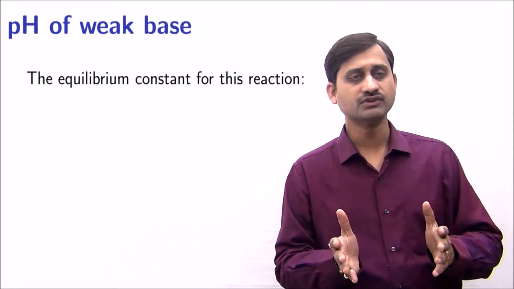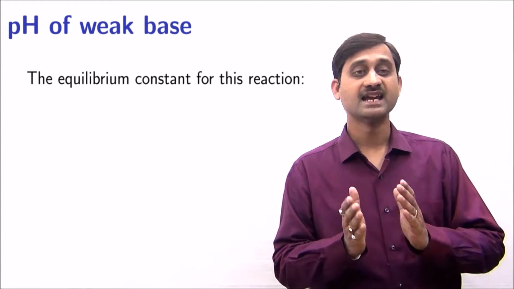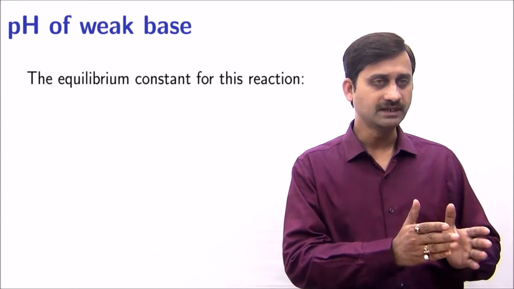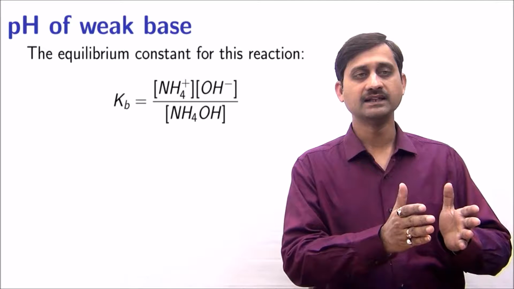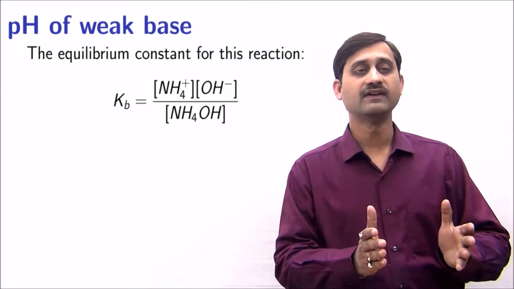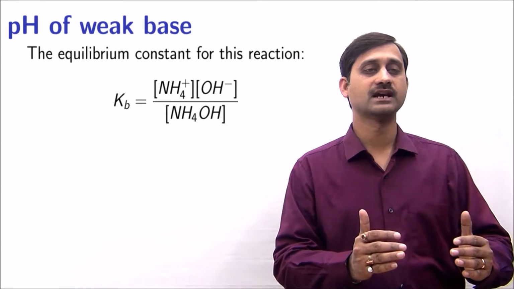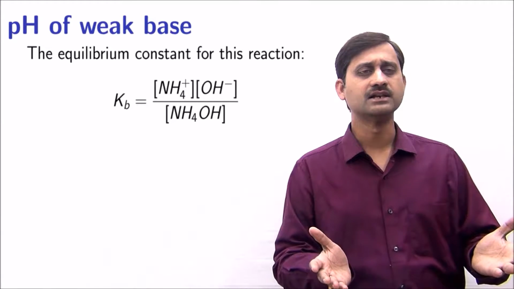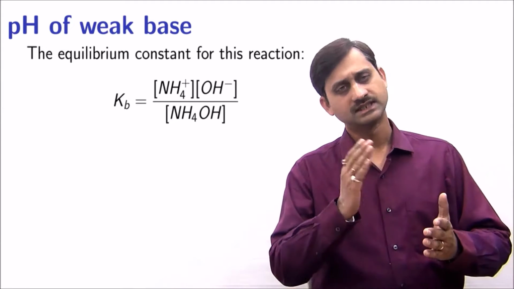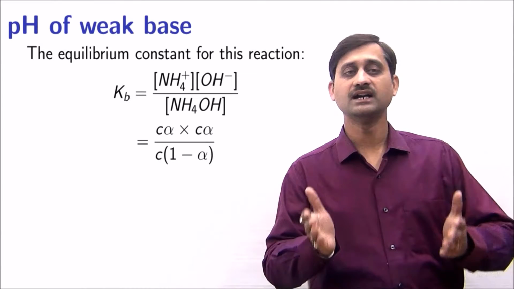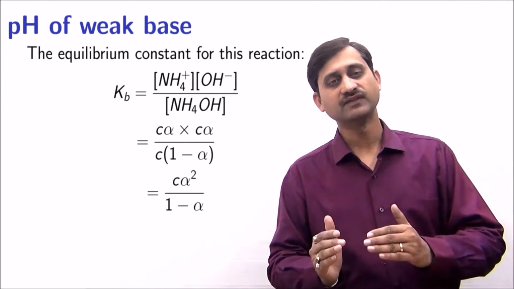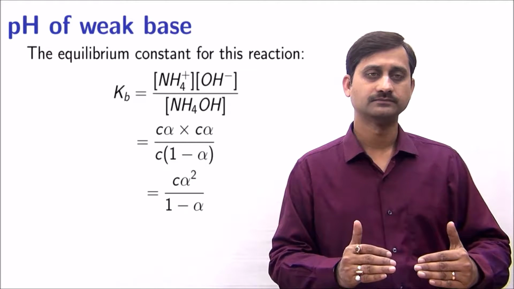The equilibrium constant for this reaction would be termed as Kb, b signifying the base. So Kb is equal to ammonium ion concentration multiplied by hydroxide ion concentration, whole divided by ammonium hydroxide concentration, which could even be considered the ammonia concentration. That is equal to C alpha multiplied by C alpha divided by C(1 minus alpha), which is equal to C alpha square divided by 1 minus alpha.